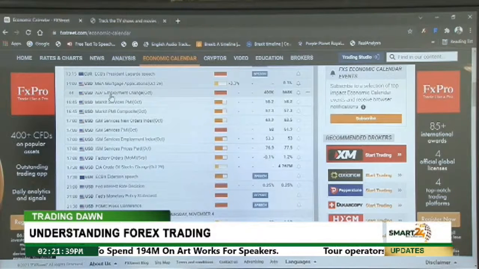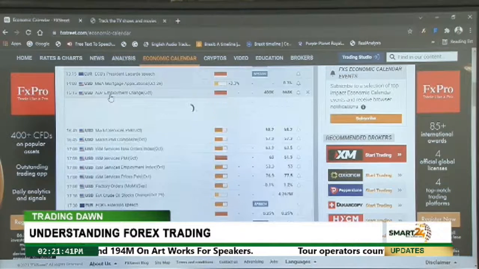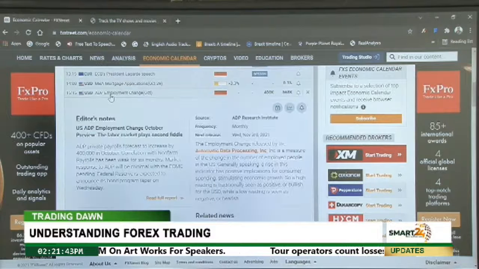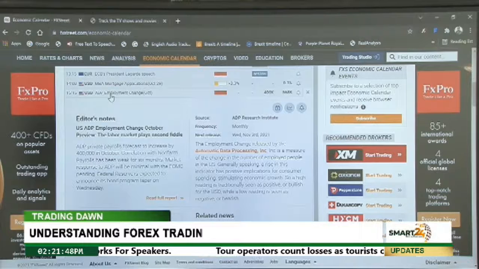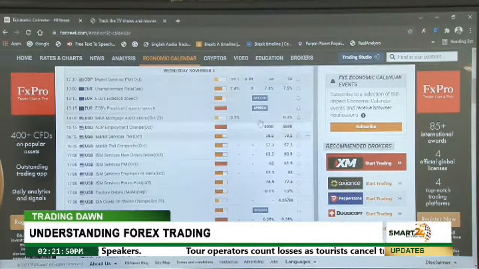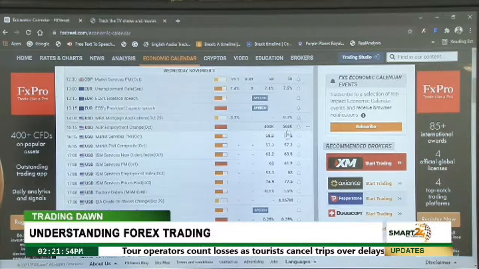And in 44 minutes, we have the ADP employment change. Previous figure is 568, and what is expected is 400. So this is a consensus, a bad expectation for the US dollar.